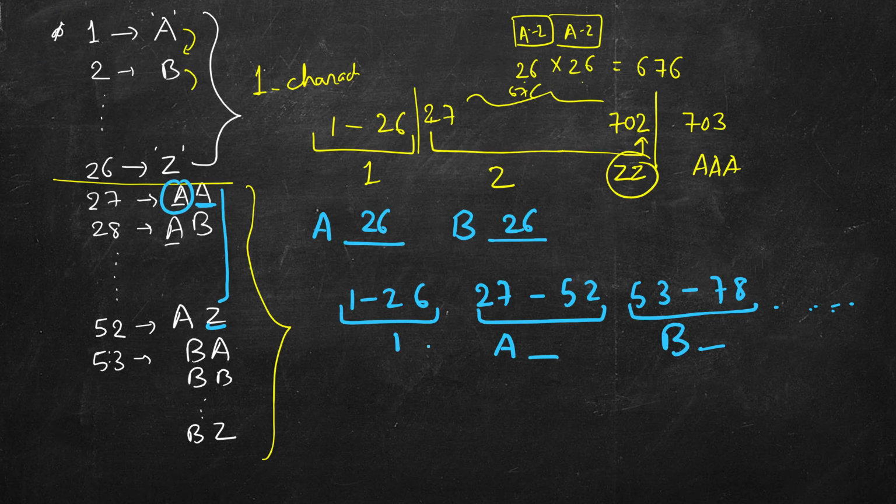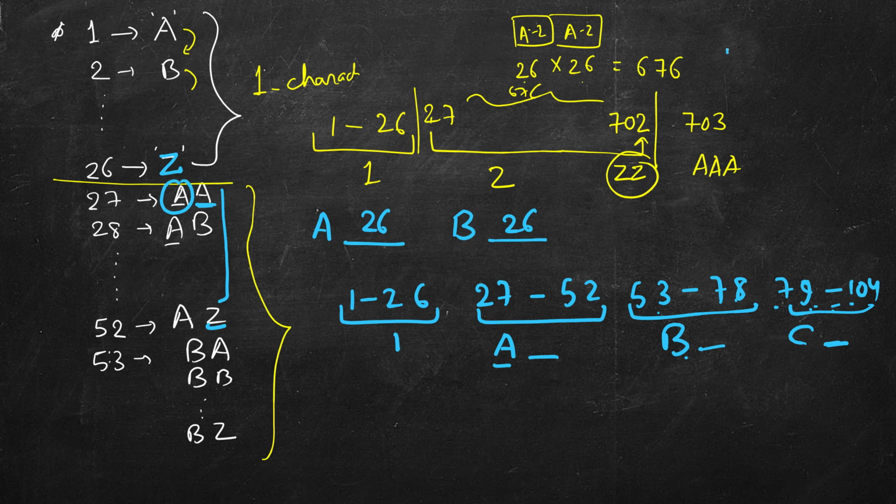So let's consider this. From 27 to 52, it's A. 53 to 78, it's B. Similarly, 79 to 104, I guess, it will be C. About the last character, we are sure that if the number is a multiple of 26, then it will be Z. For example, 26 is a multiple of 26, so it's Z, that is the 26th character.